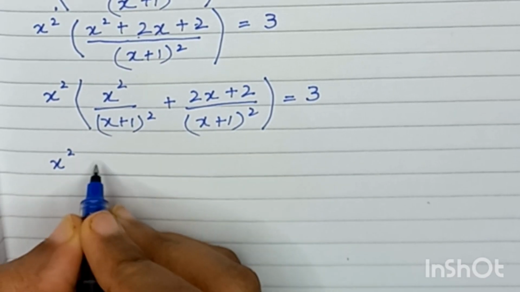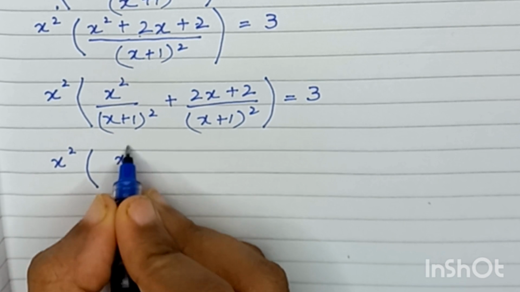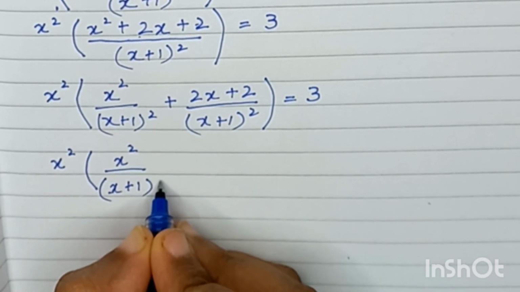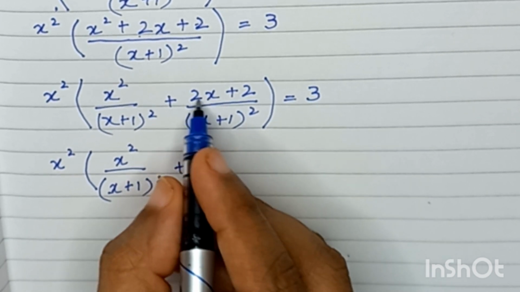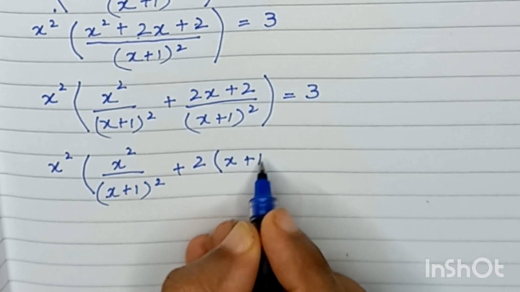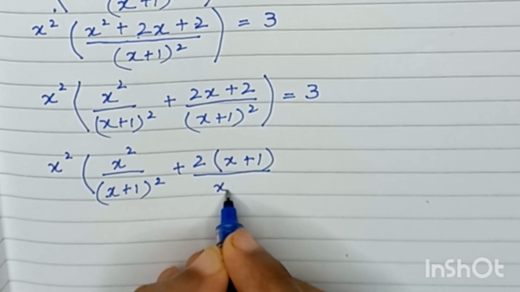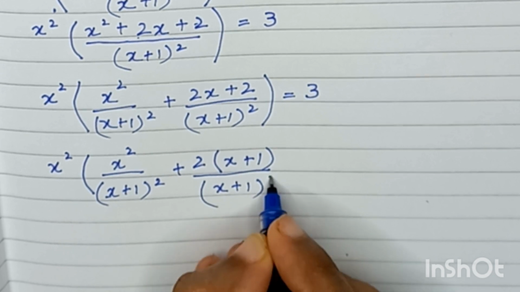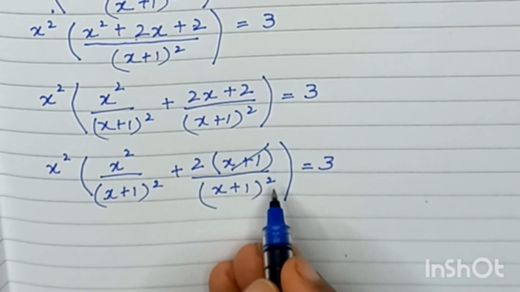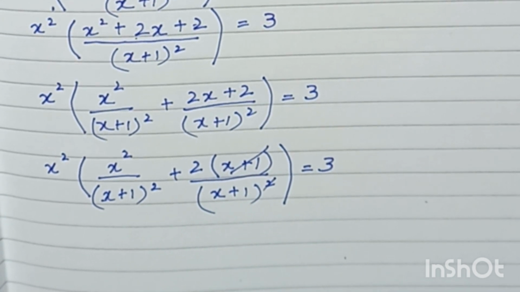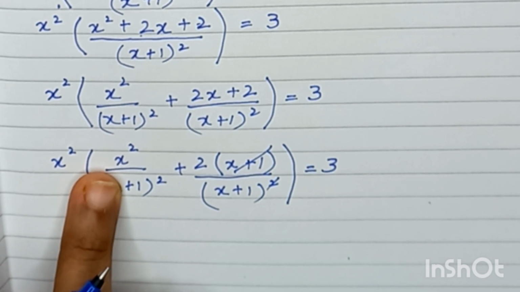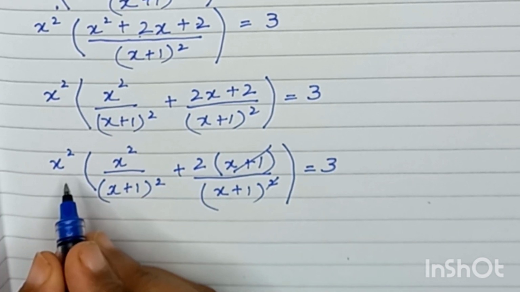x square divided by (x plus 1) whole square plus, taking 2 common, 2 times (x plus 1) divided by (x plus 1) whole square, which will be equal to 3. From here x plus 1 and x plus 1 will be cancelled out. Now we will multiply this x square inside the bracket, so it will become x raised to the power 4.